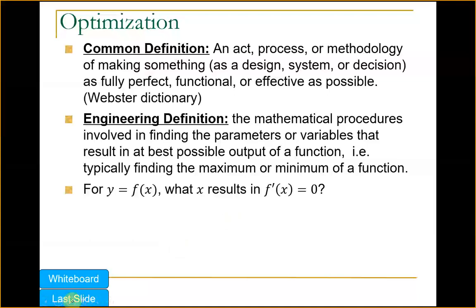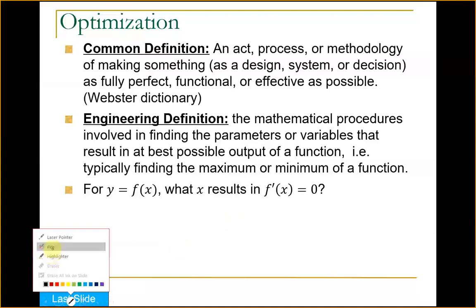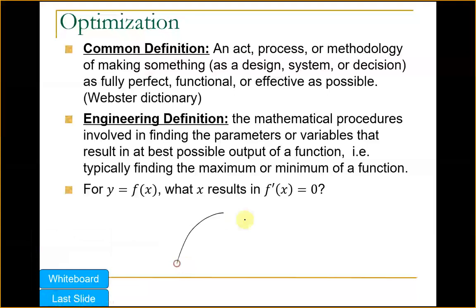So this is what a maxima is, the location where the function starts to go down, and this is a minimum point where the function starts to rise. The point where a function starts to rise is a minima, and the point where a function starts to fall is a maxima. Okay?